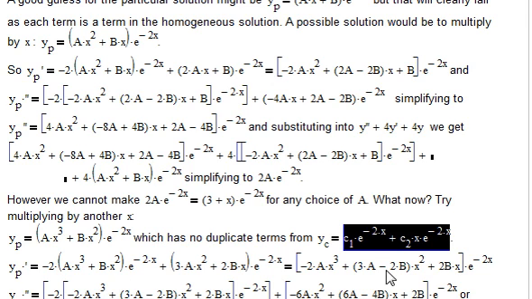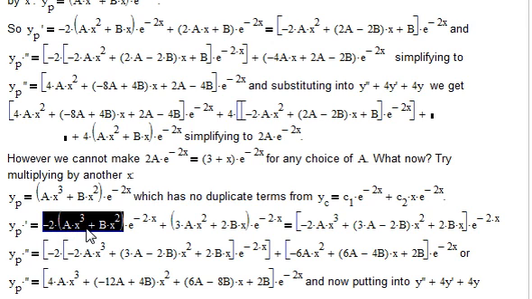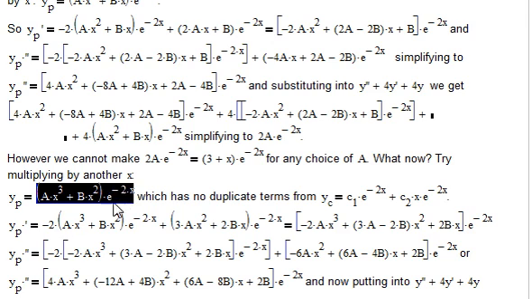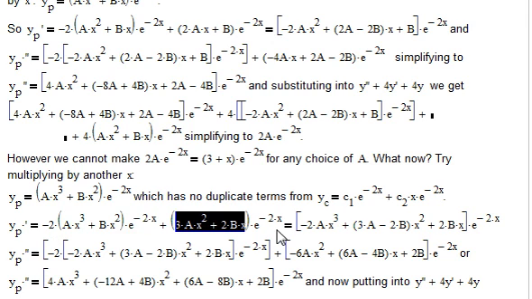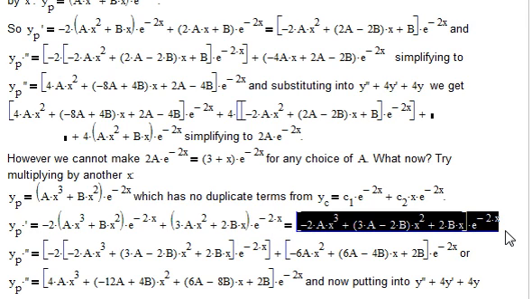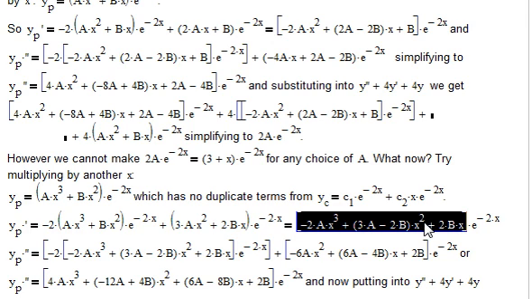I think that was the problem with our last attempt, because one of the terms was a duplicate. So y double prime, negative 2 times ax cubed. Well, you know how to take a derivative of this, so find y prime, first d second plus second d first. And here that is simplified with the e to the negative 2x factored out. And then we want to take the derivative of this to find the second derivative.